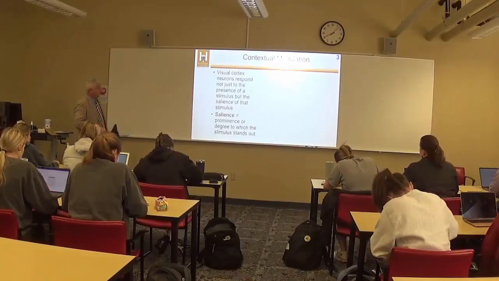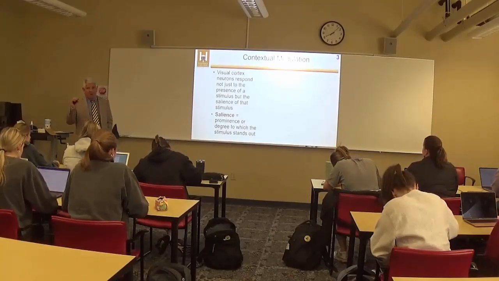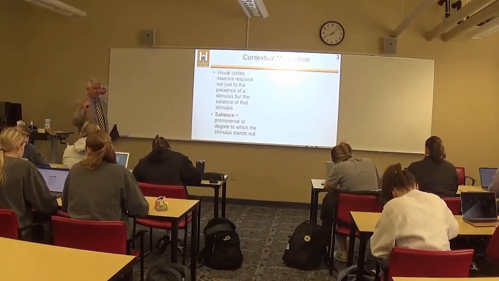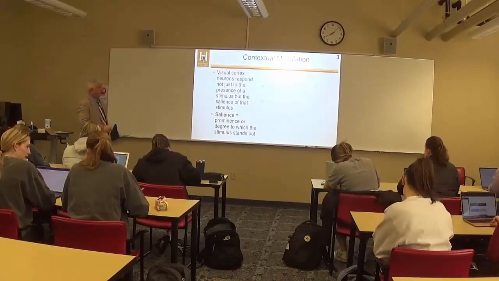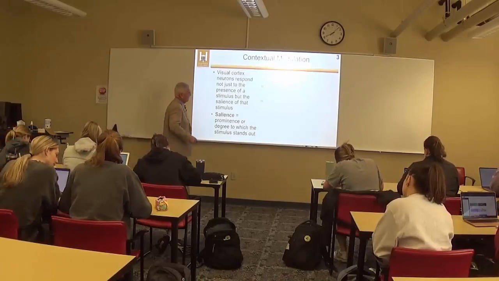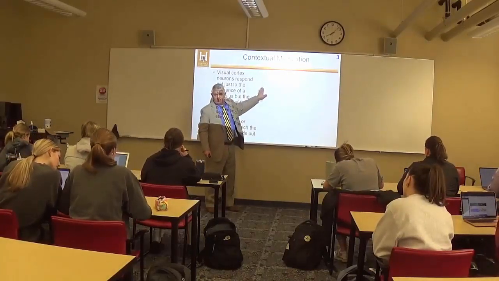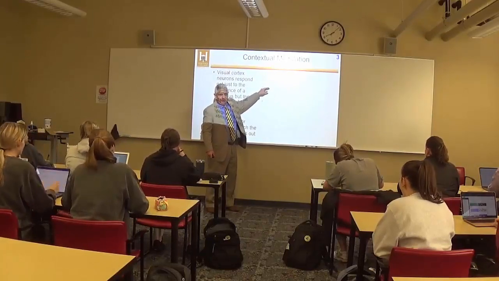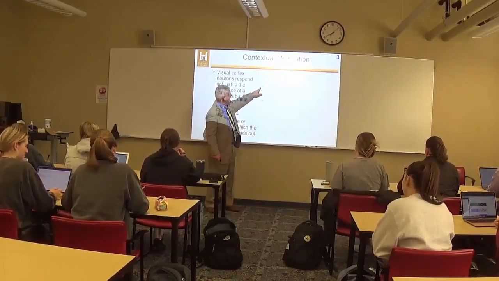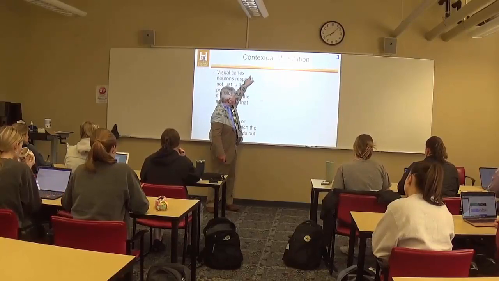Okay. And stimulus salience, how prominent a stimulus is, affects that as well. So here, we can map out a column that responds to a vertical line, okay? Doesn't respond to other angles, right? That's one of those tuning curves. And it doesn't respond to anything outside of this box.